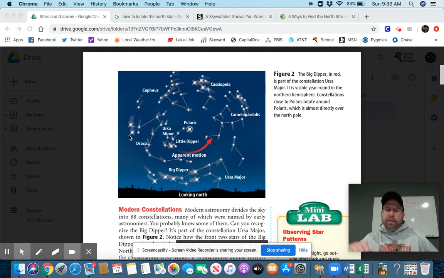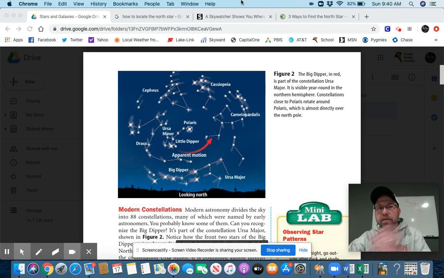And so the further north you go in latitude, the higher in the sky it is, until you get to the North Pole and it's straight above you. All right, you get to the equator and it's going to be all the way down at the horizon. You probably wouldn't even be able to see it. All right, so the North Pole, or the North Star, I want to just show you a couple of things.